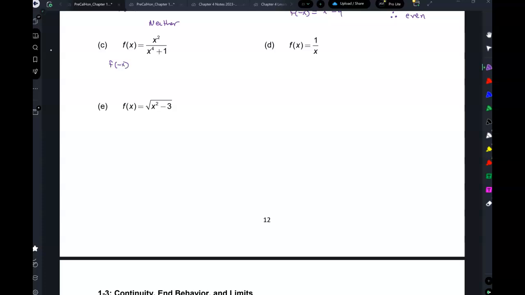F of negative x is negative x squared over negative x to the 4 plus 1. F of negative x is x squared over x to the 4 plus 1. F of negative x is equal to f of x. Therefore, this is even.